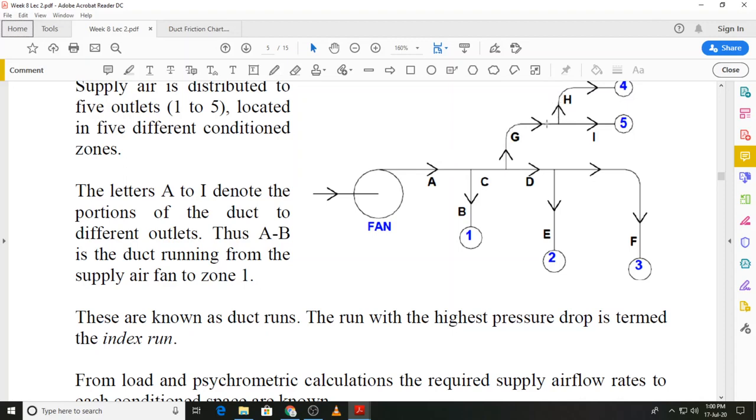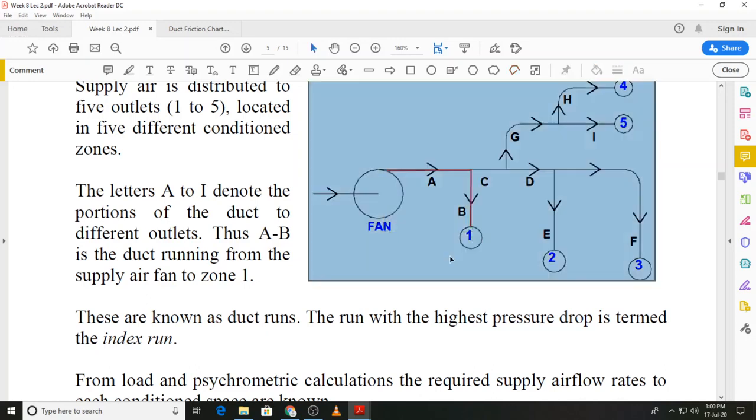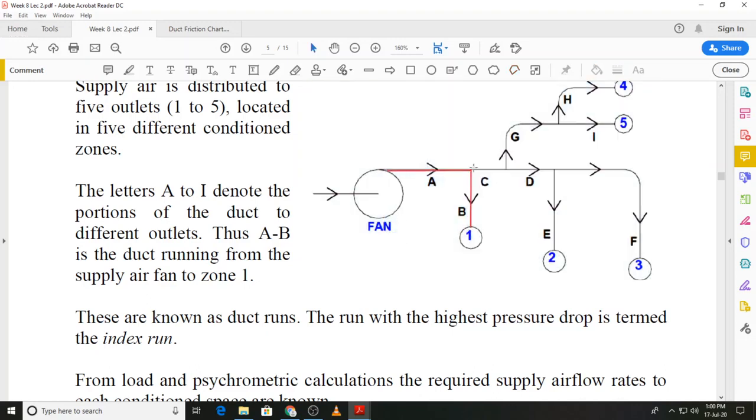When we calculate the pressure drop, the way to do it is that we calculate the pressure drop from the fan to each of the outlets. Now if we start from one outlet, and I will just take one of the outlets, let's say if I go from over here and I go to outlet number 1, so that is called a run.